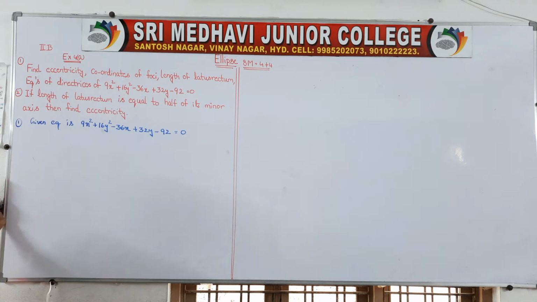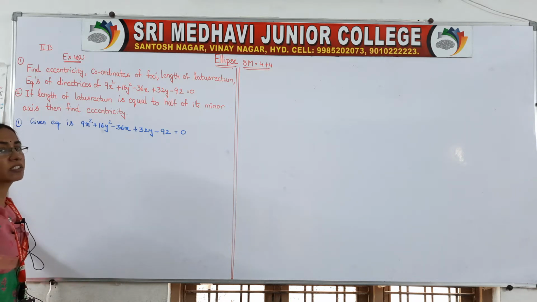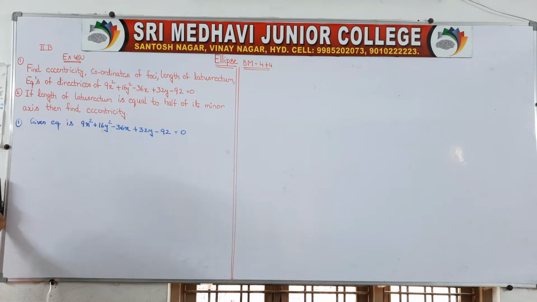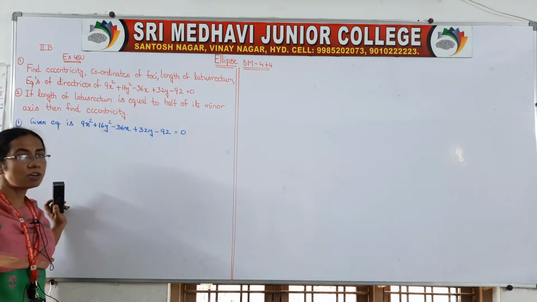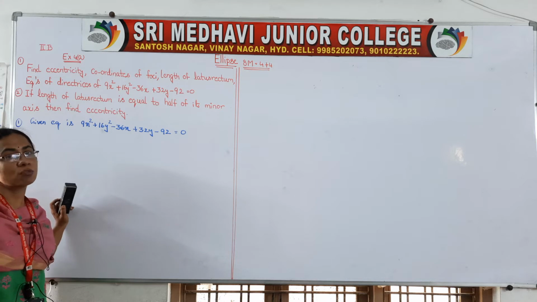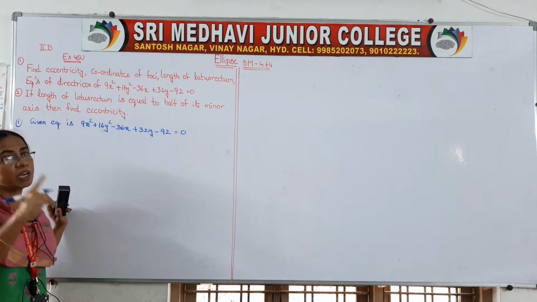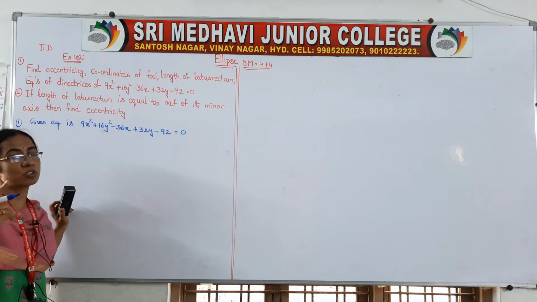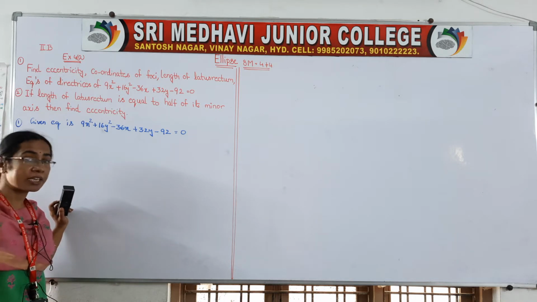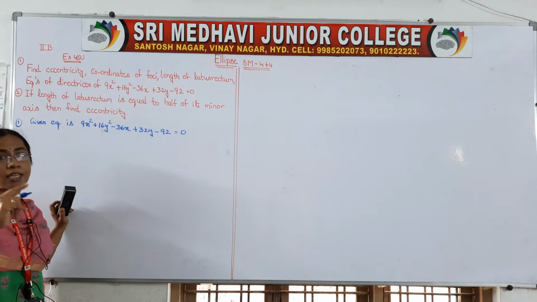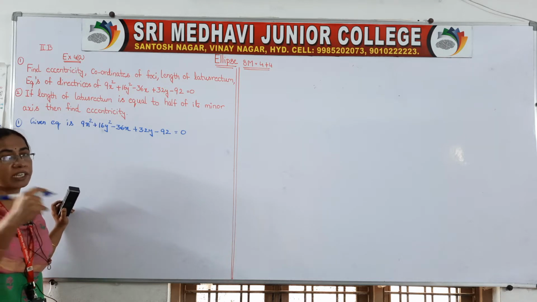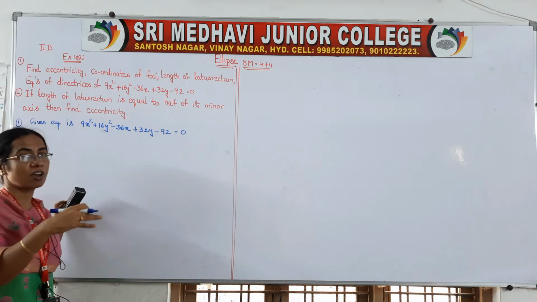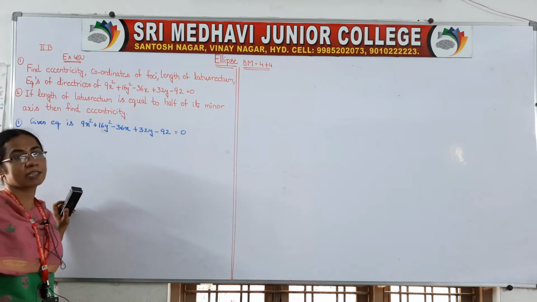Which form? The x square term is there, x term is there, y square term is there, y term is there. That means the third or fourth type, right? There are four types, isn't it? So it belongs to either the third or fourth. It depends on whether a is greater than b or a is less than b. I think slowly you are getting used to this terminology and this logic, right?